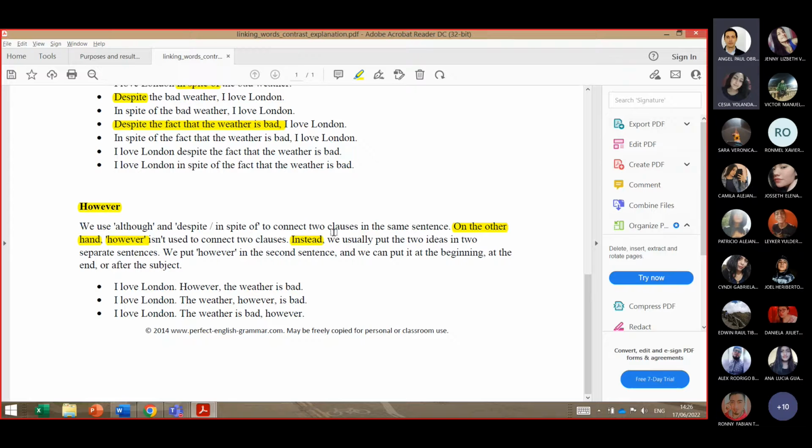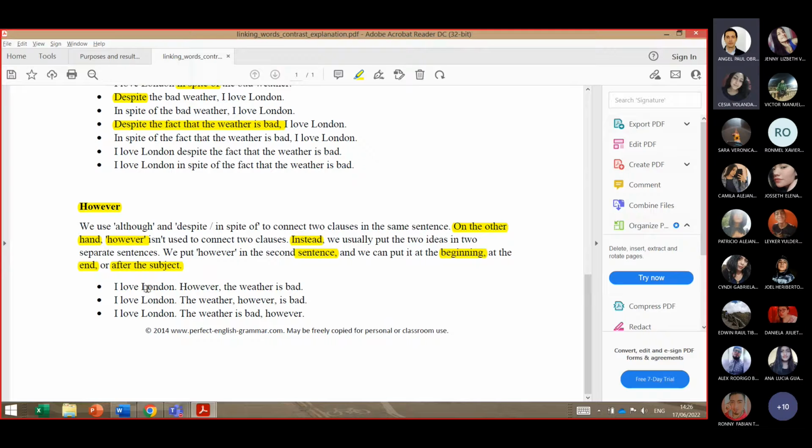Entonces aquí lo que hacemos es, usualmente dice, ponemos dos ideas en dos oraciones separadas, ¿no? Entonces, ¿qué hacemos? Ponemos el however en la segunda oración, ¿sí? Podemos poner al principio o al final o después del sujeto.